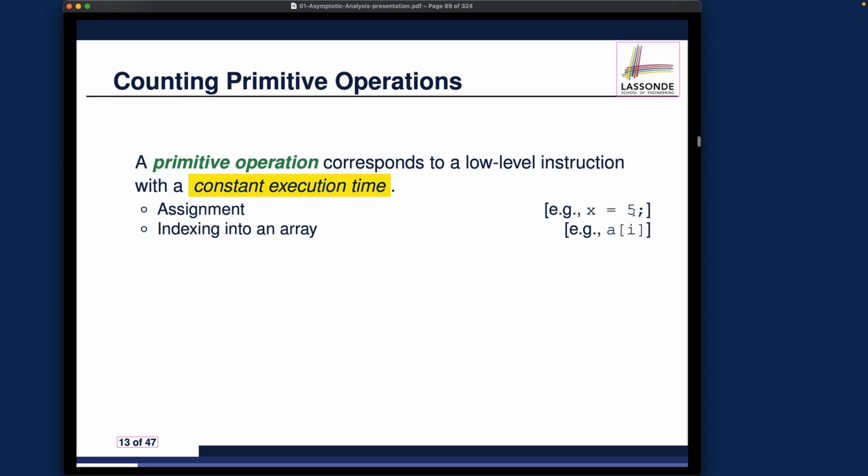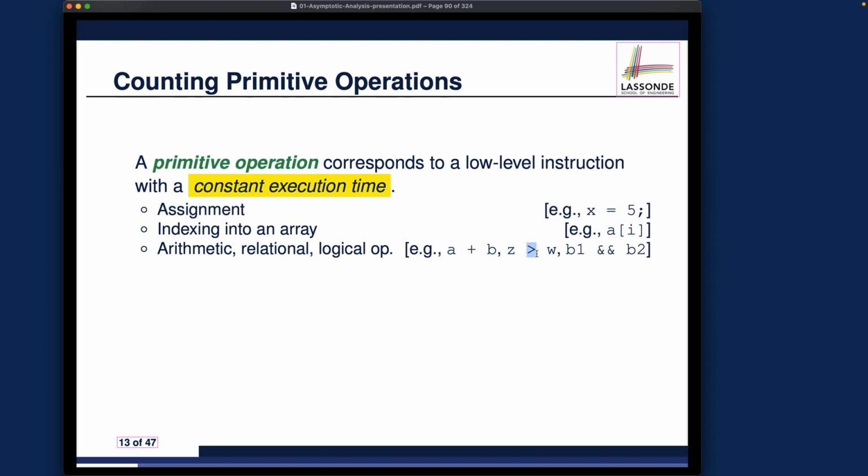And if you want to index into an array, let's say you are given an array A, and you want to go to index I. We are making the assumption that I is a valid index. Also, any arithmetic, relational or logical operation in Java, or in any other programming language, is also considered primitive. For example, this is arithmetic: plus, minus, multiply, divide, and also modulo, the percentage sign.